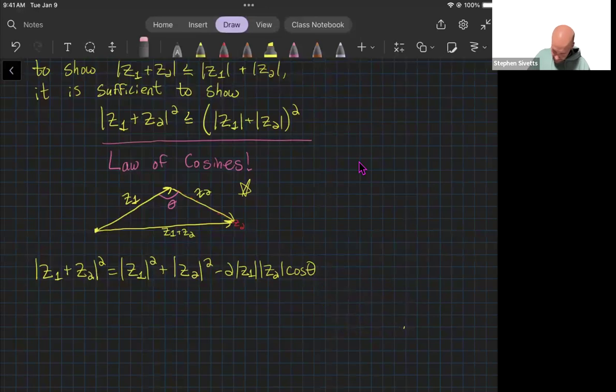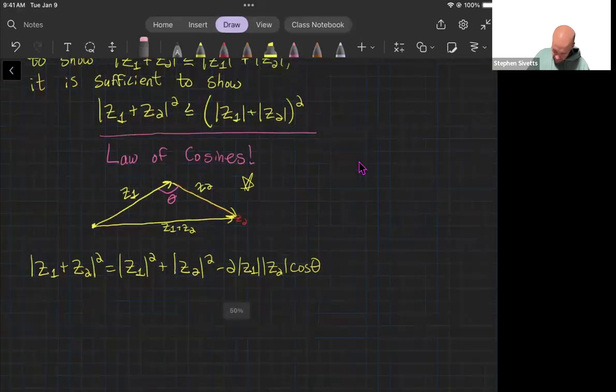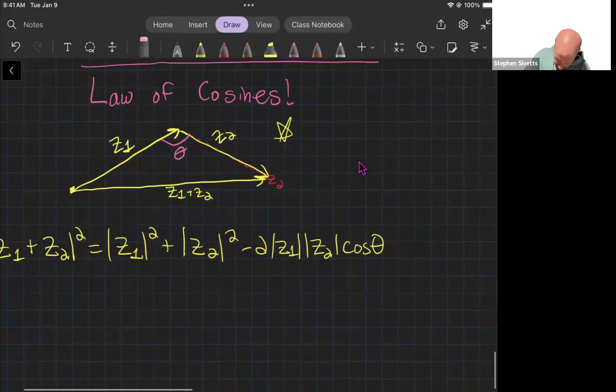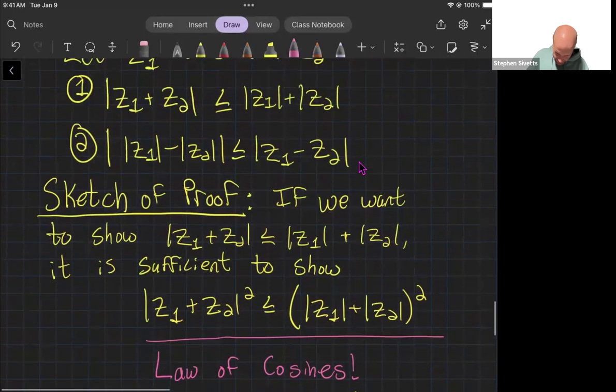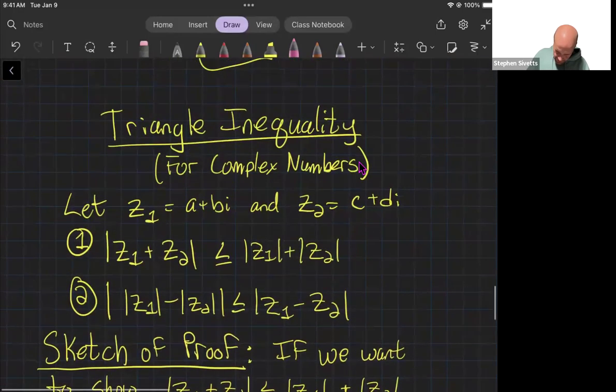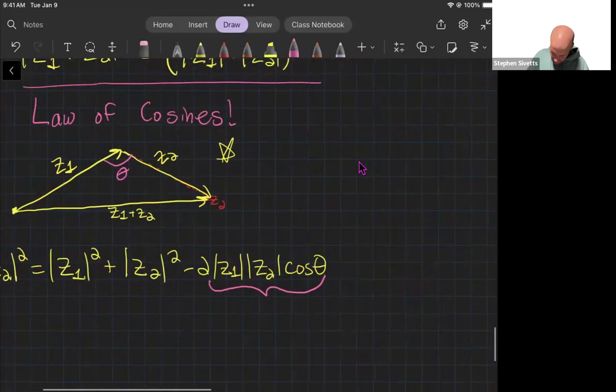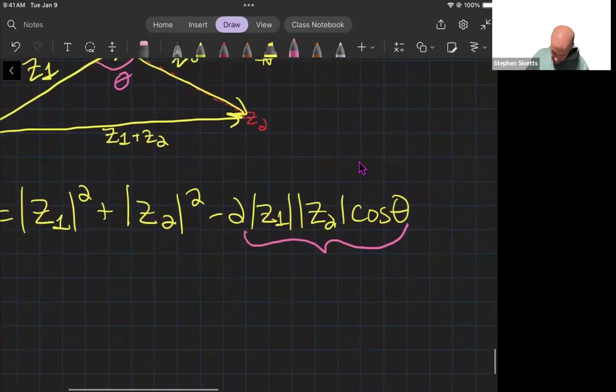And then back in Calc 3, I don't know if you are able to recognize this quantity here. If I let Z1 equal a plus bi, and Z2 is c plus di, we can write this out as a vector, right?